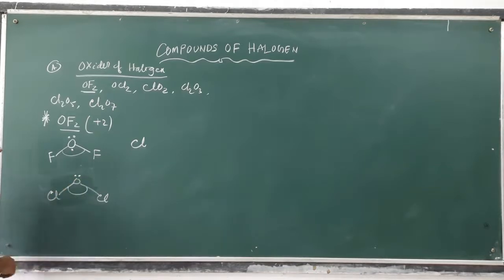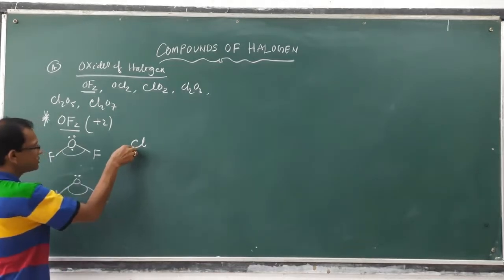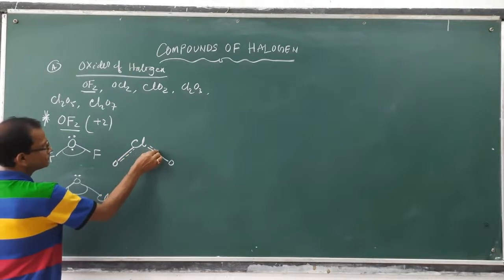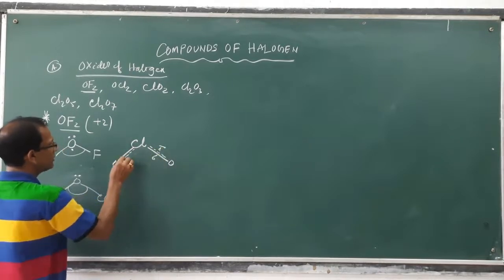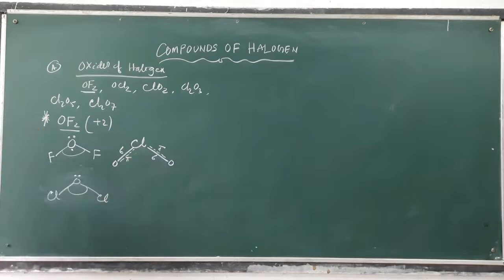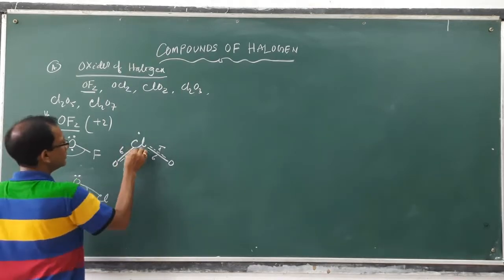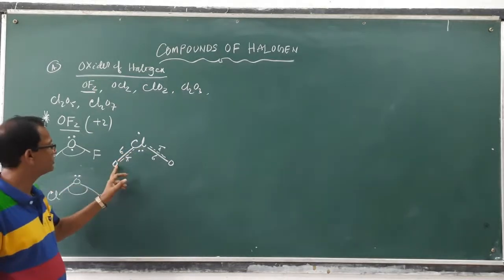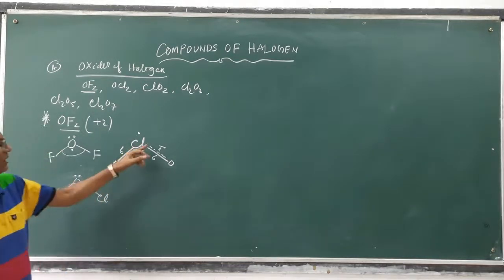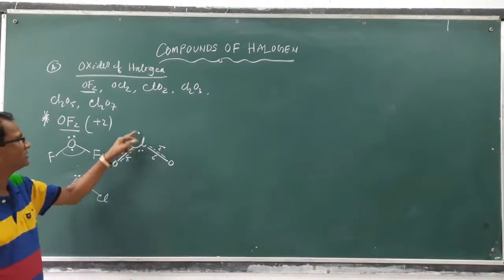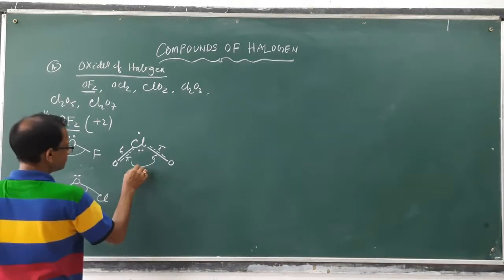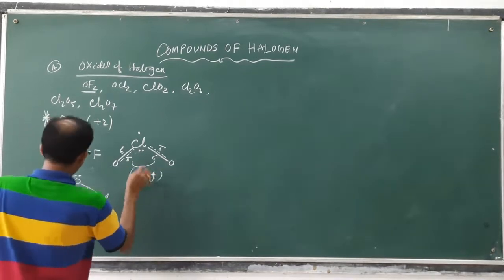So this is bent shape. And in ClO2, the structure has a pi bond and sigma bonds, with the remaining electrons on the chlorine atom. This is also bent.